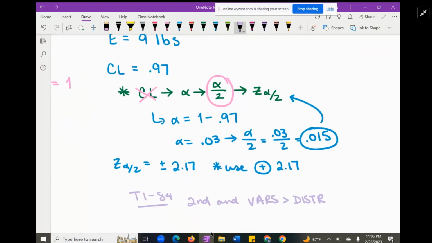And then you're going to choose inverse norm, and you'll see that it'll ask you for the area, and it'll already have set up the mean and the standard deviation as 0 and 1, because that is the notation for a standard normal distribution. The mean is always 0 and the standard deviation is always 1 for a standard normal distribution or Z distribution.